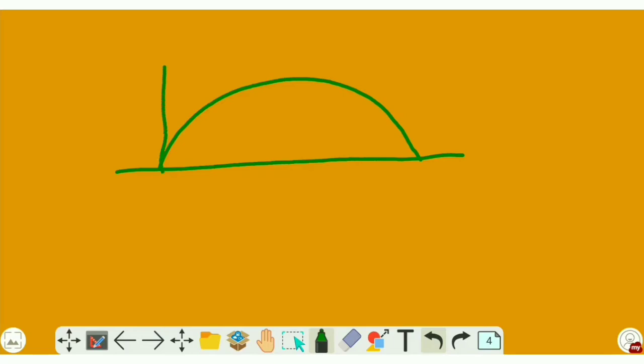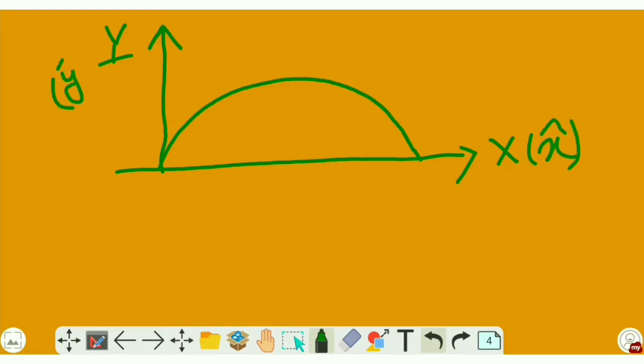Here is the projectile motion for each particle. I am doing it first for the particle of mass m1. This is the x-axis, this is the y-axis. Here the unit vector is x cap and here the unit vector is y cap.